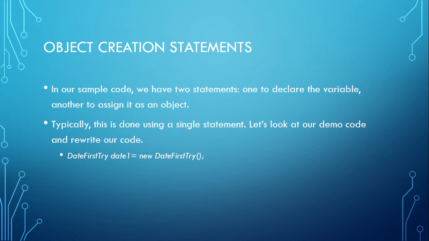What we want to do is rewrite that code into a single line, which is more in line with how we've been doing it with the system classes, like Scanner. So Scanner keyboard = new Scanner(System.in), rather than doing Scanner keyboard and then another line, keyboard = new Scanner(System.in). We usually just put that all as one line. Here we've rewritten our DateFirstTry code as DateFirstTry date1 = new DateFirstTry.